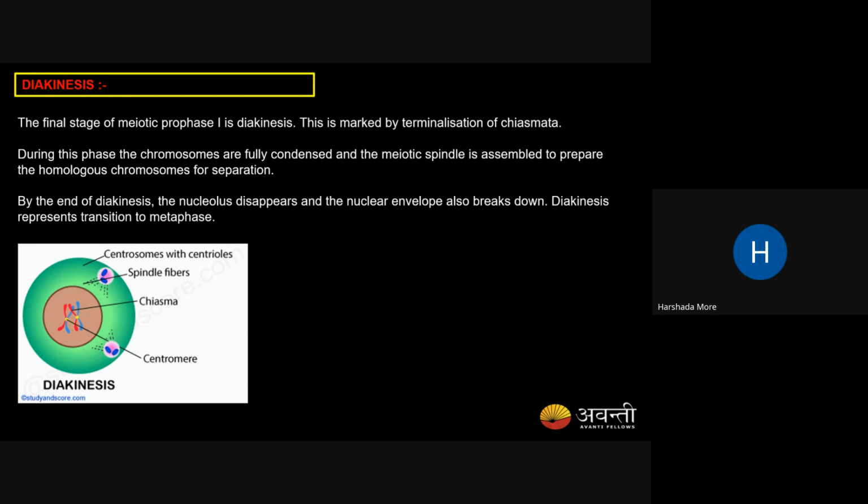Ma'am, in meiosis 1 phases, prophase 1 we have seen it is the longest and complex phase. In prophase there are 5 phases. First is leptotene. In this there is a compaction of chromosome and nuclear membrane and nucleolus is also present. In zygotene there is pairing of homologous chromosome.